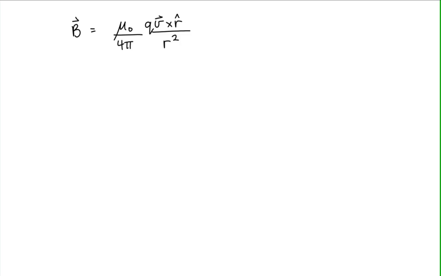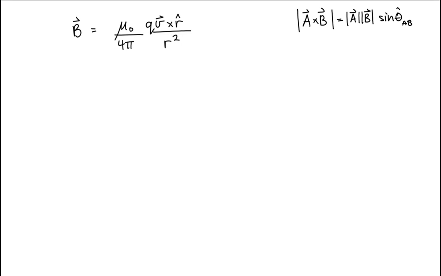Now this can be expressed using what we know about cross products. Remember, the magnitude of the cross product between two vectors, A and B, is equal to the product of the magnitudes of those two vectors times the sine of the angle between them. And we will say the sine of the reference angle between them.